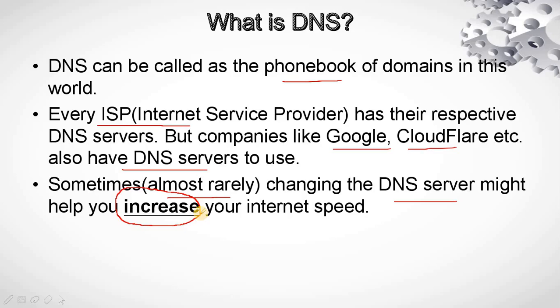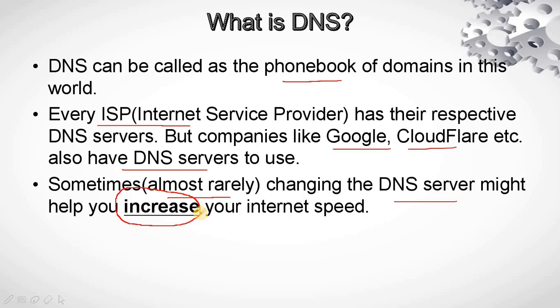Sometimes there are obviously so many domains in this entire world that every domain cannot be listed in the DNS server which your ISP owns. Suppose you entered a certain domain in the URL bar of your browser and that particular domain is not listed in the DNS server of your ISP.